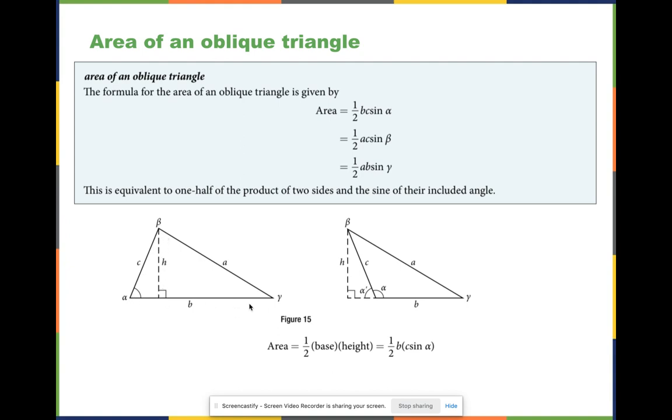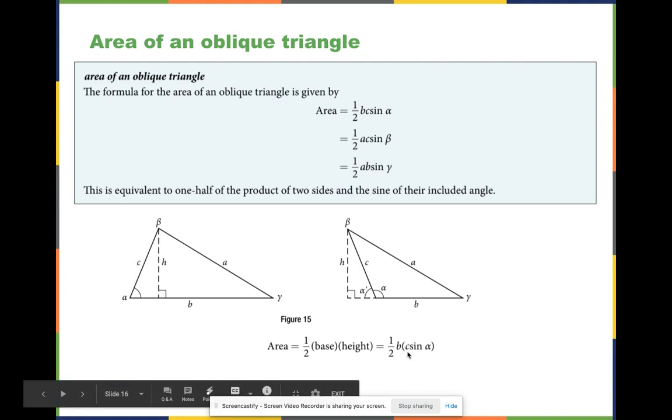In this case, we're assuming that we know sides B and C and angle A. So the base we could say is B, and the height is going to be, well, sine of alpha is H over C. So H is C times sine of alpha.